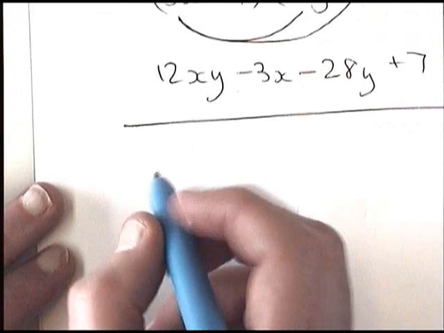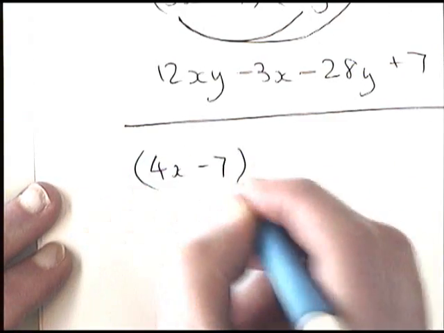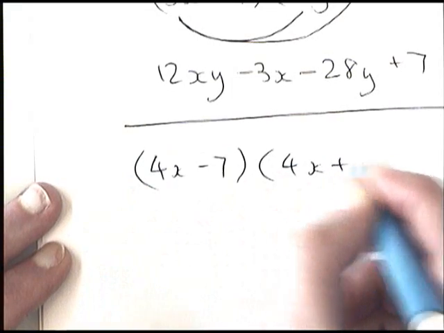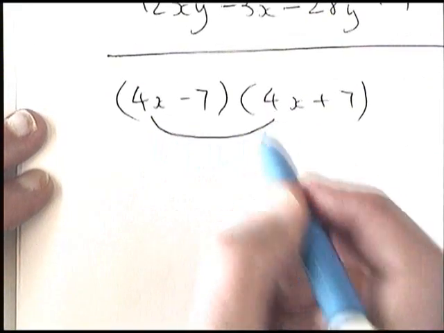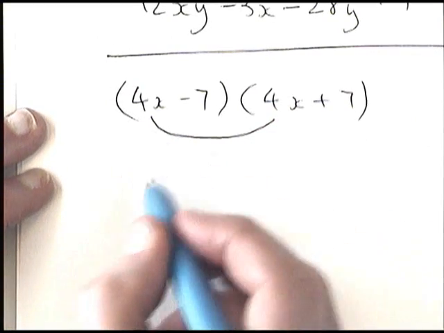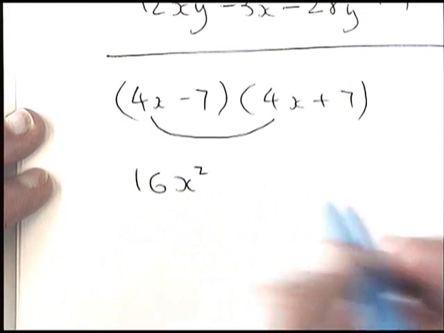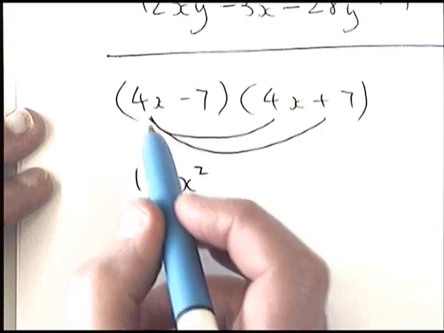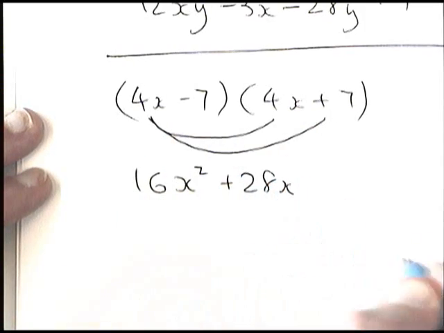Let's have a look at one final example for now. 4x minus 7, 4x plus 7. The 4x and the 4x have to be multiplied together. 4 4s are 16, and x times by x is x squared. We multiply these bits together. The 4x and the plus 7. That's plus 28x.